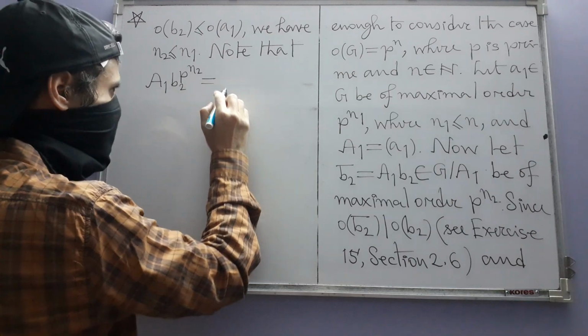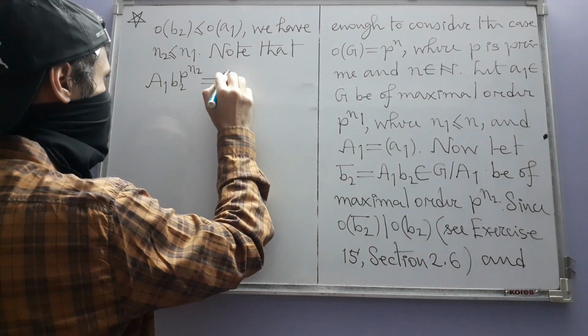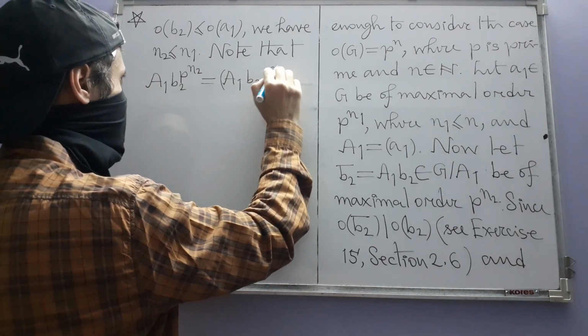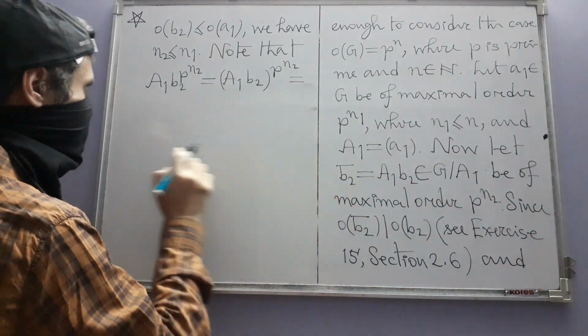This of course by the definition of the binary operation in this quotient group is a1 b2 to the power p to the power n2, and a1 b2 is simply b2 bar.